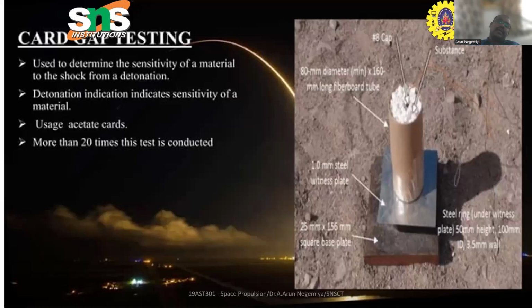And this is the card gap testing. In card gap testing, they use a gap material to fill the gap. This is useful to determine the sensitivity of the material to shock from detonation.